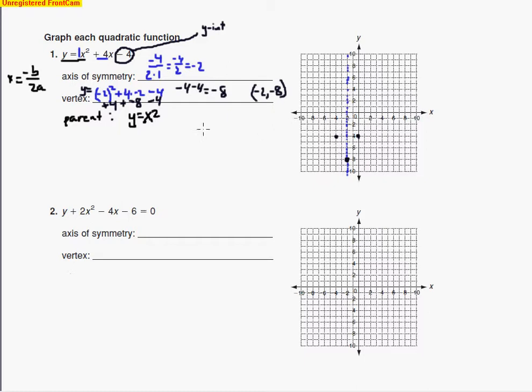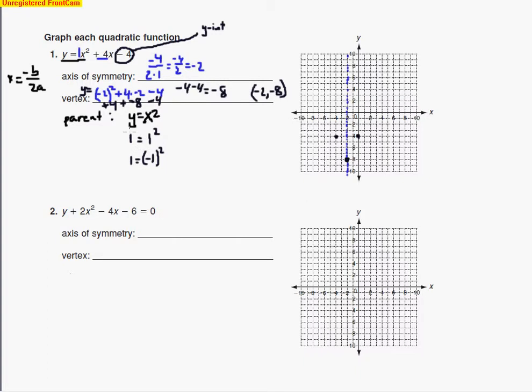But from there, I'm going to use this parent graph to get the rest of the points that I want. So what we can do is plug in a couple values for x. Notice that when you plug in 1 and square it, you get the same answer for y as if you plugged in negative 1 and squared it. You get a positive 1.